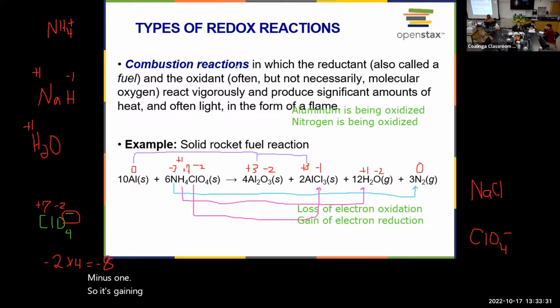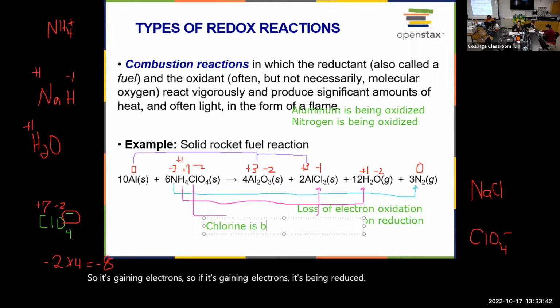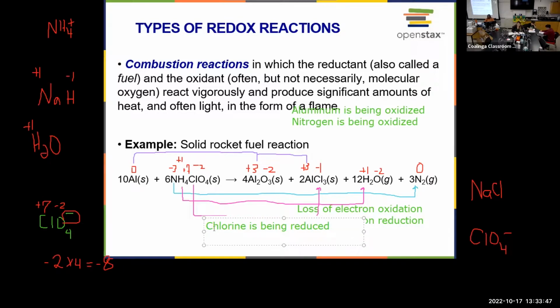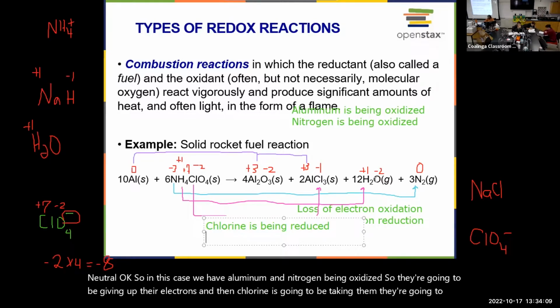So if it's gaining electrons, it's reduced. What about oxygen? It's -2 over here, and it's -2 over here. Neutral. So in this case, we have aluminum and nitrogen being oxidized, so they're giving up their electrons, and chlorine is gaining them.